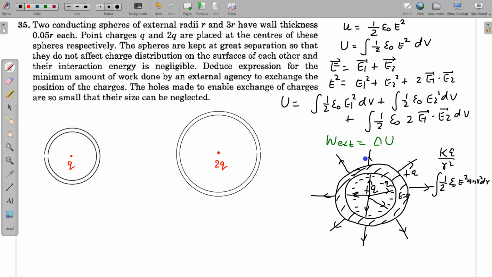Obviously energy is stored all over this space except in this region, because there is no electric field in this region. So this is how we can deal with this kind of system.